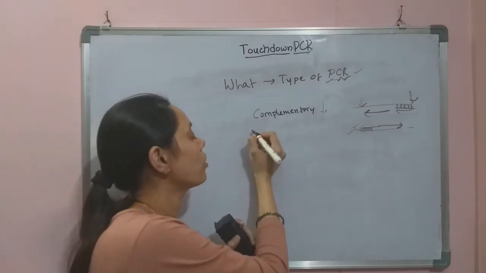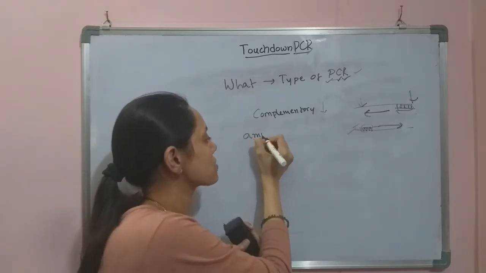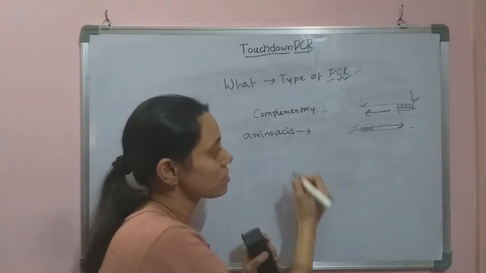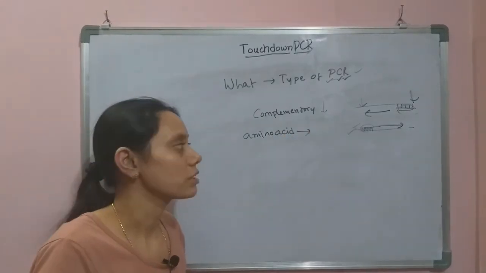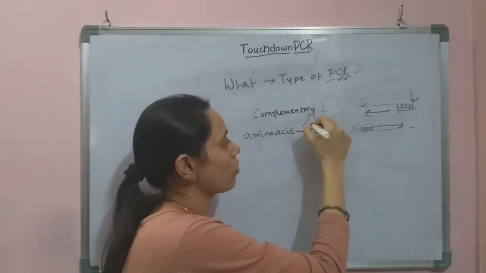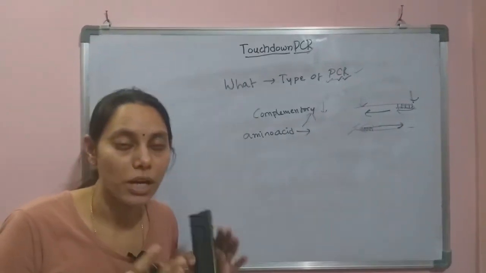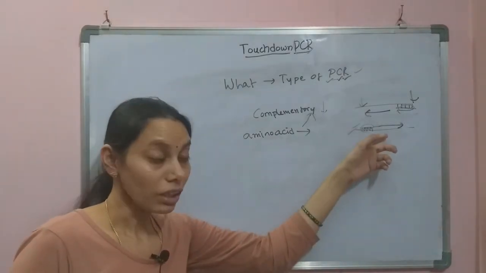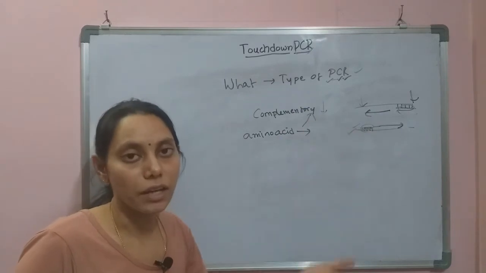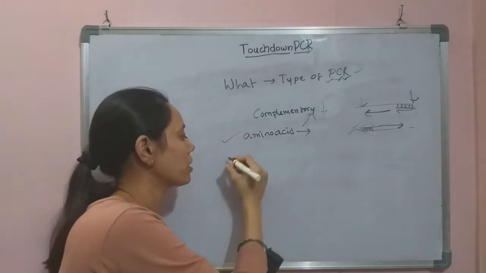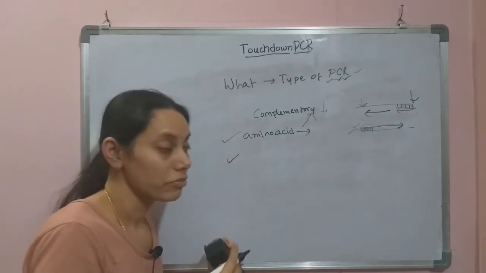So if amino acids are used for designing the primer, then the sequence may have less complementarity. The primer sequence may not be completely complementary to the DNA sequence that is targeted for amplification.